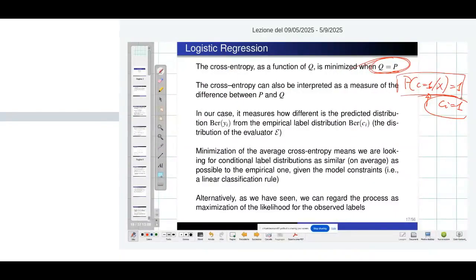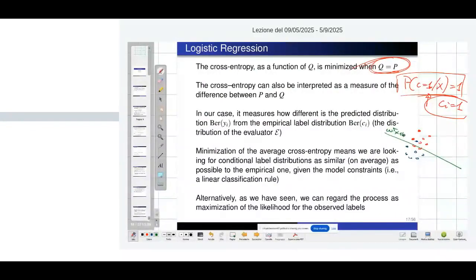And we've seen that the goal is minimizing the cross entropy. That means that the classifier will try to have confident decisions that a point is from one class, and hopefully it should be confident on the point belonging to the correct class. Then we said it cannot always be confident that a point is from the correct class because the model is constrained by the form that we give to our decision rule.